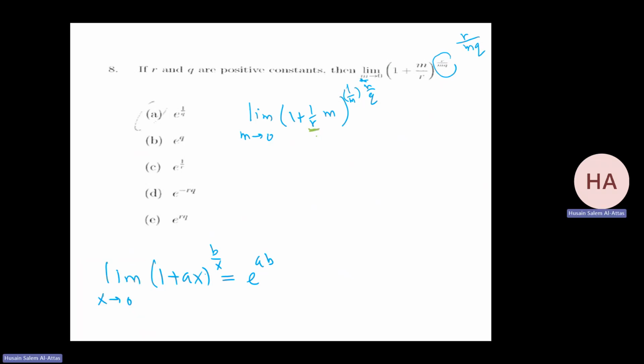So this is my a, since I'm working with m, so my x is m, and this is my b. Look at the formula. So I have e to the power a times b, which is 1 over r times r over q. So that is your answer, e to the power 1 over q.